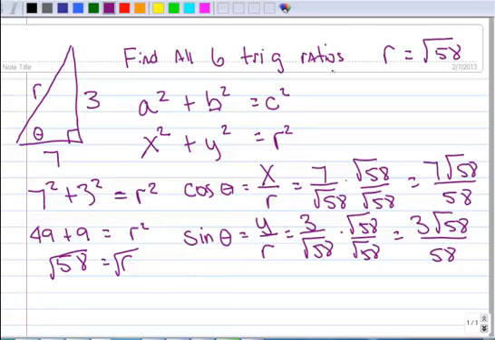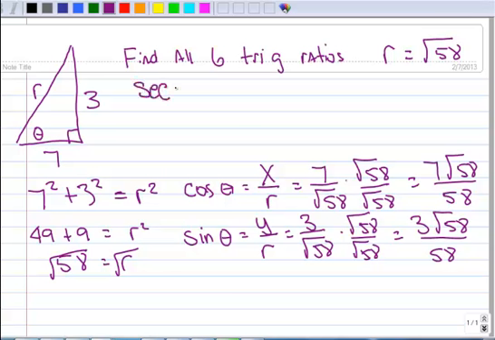Now, let's squeeze secant in up here. And let me go ahead and make a little bit more room. I like to sometimes do secant and cosecant right after I do sine and cosine. So the secant of theta, well, that's going to be r over x. It's also the reciprocal of the cosine.